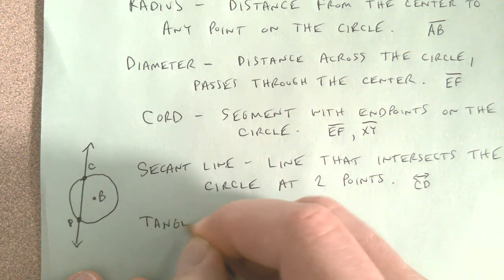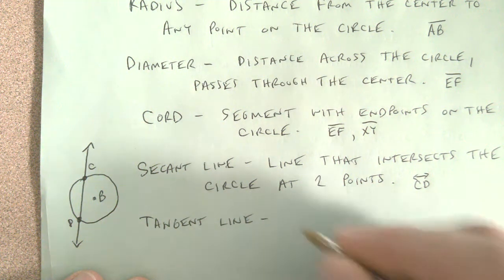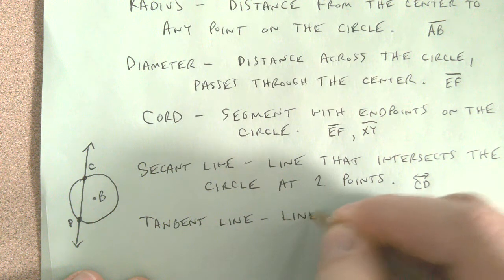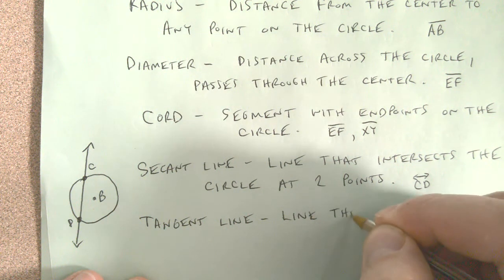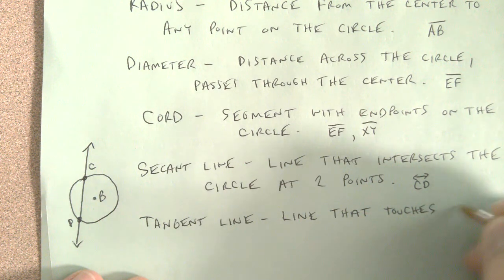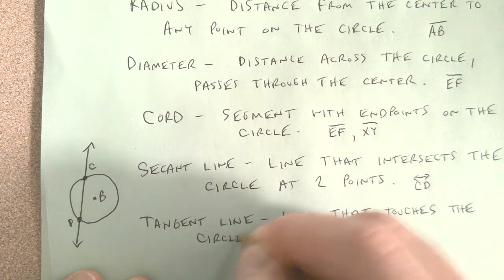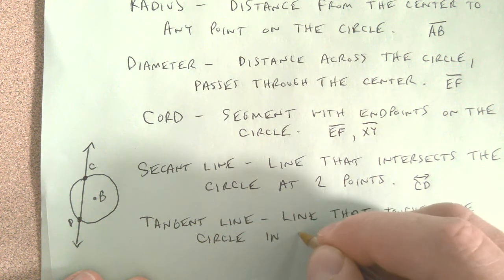Last one is a tangent line. This is just simply a line that touches the circle in exactly 1 point.